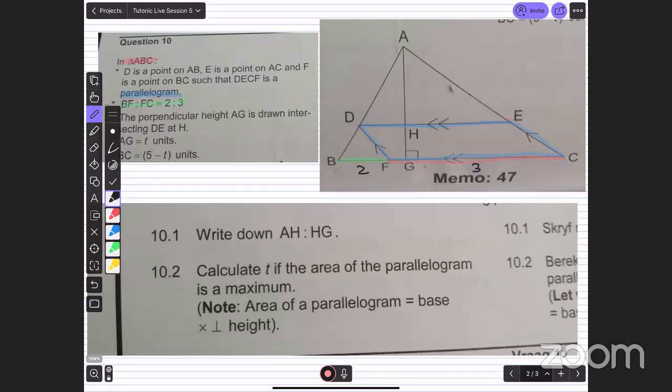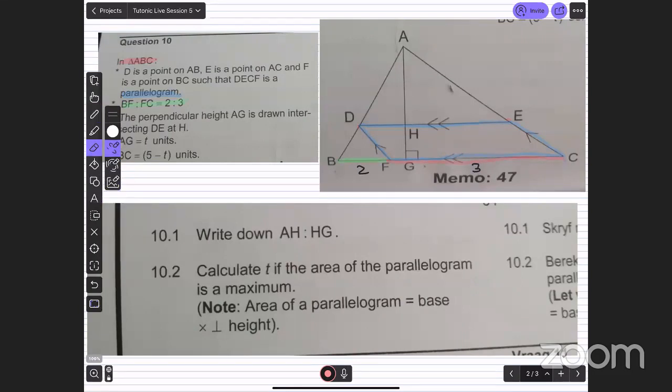Yes or no? It's not permissible. Shouldn't you put the variable because it's a ratio? Yes, yes. Okay, great. Thanks.